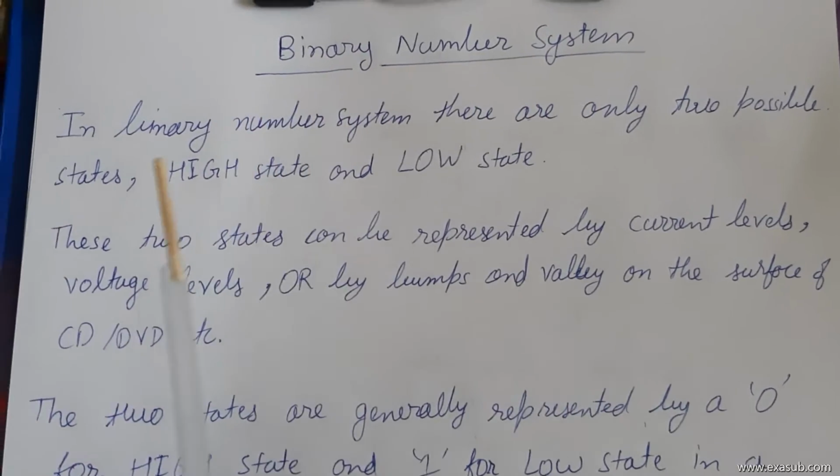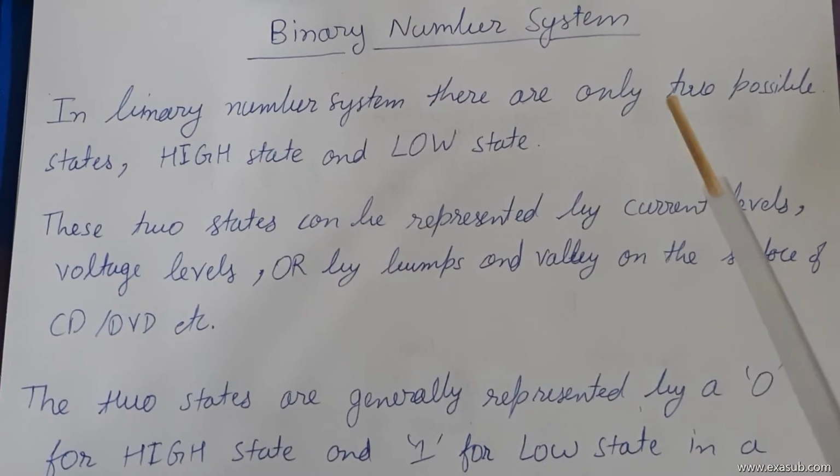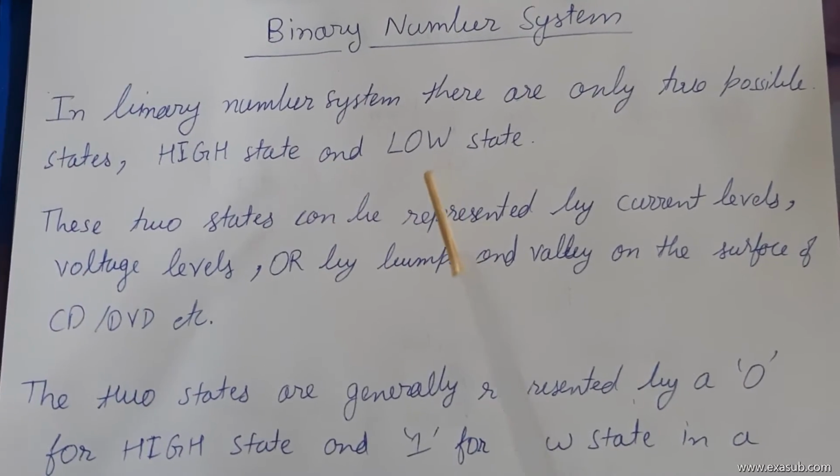Binary number system. In the binary number system, there are only two possible states, a high state and a low state.